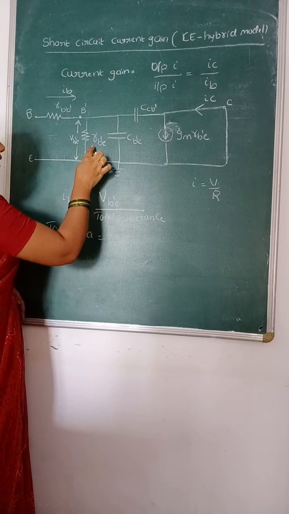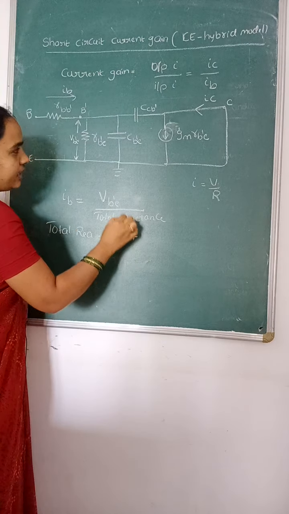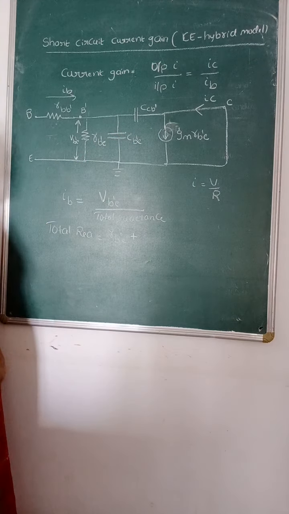Then the total reactance is equal to, what is the resistance of this resistor? R B dash E. These two elements are the capacitive elements.